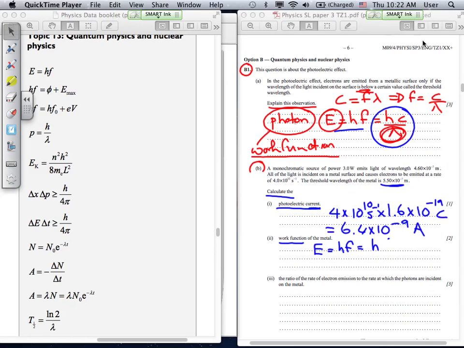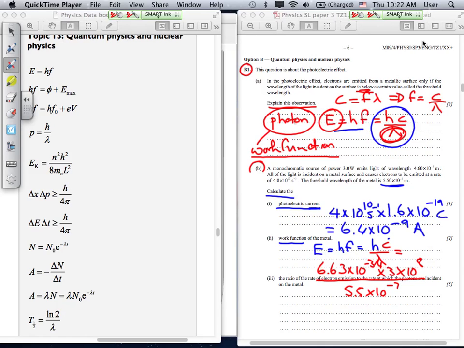Remember h is Planck's constant, 6.63 times 10 to the negative 34, which you'll find in your data booklet, and c is the speed of light, 3 times 10 to the 8, divided by 5.5 times 10 to the negative 7.